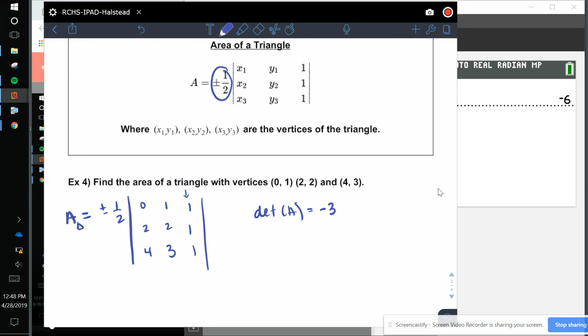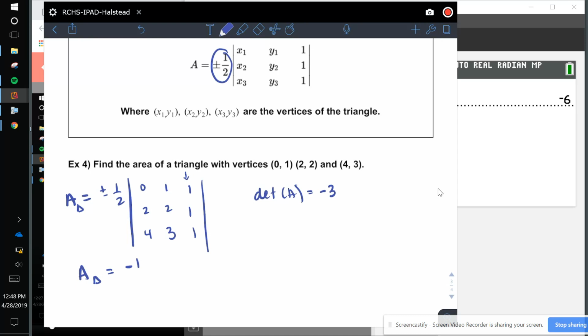So the area of the triangle is equal to -1/2 times the determinant of A, which is -3. So the area is equal to 3/2 units squared.